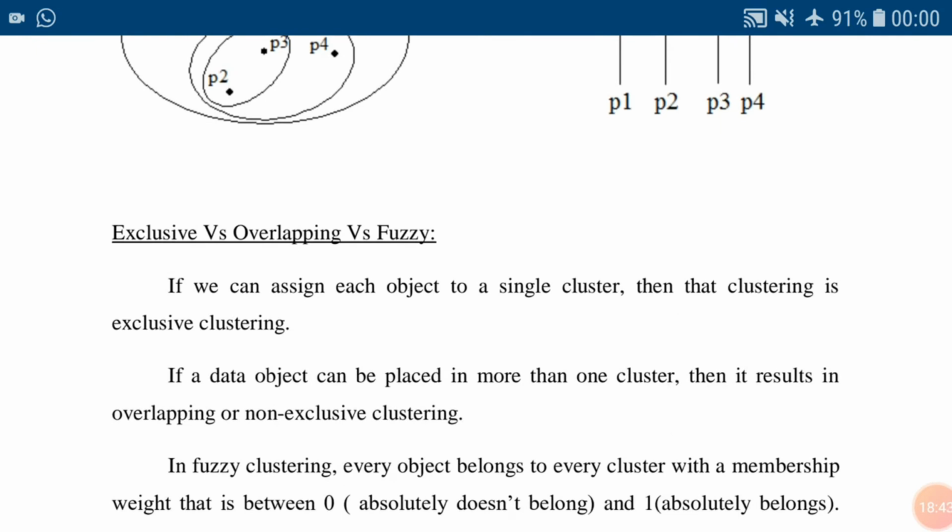Now we will see exclusive versus overlapping versus fuzzy clustering. What is meant by exclusive clustering? If we can assign each object to a single cluster, then that clustering is exclusive clustering.